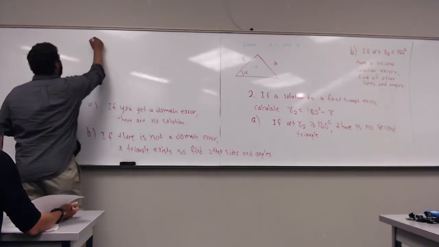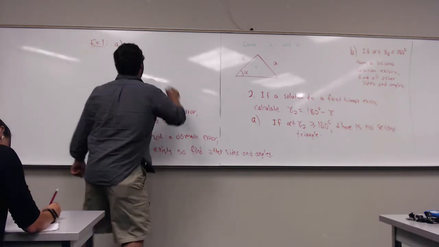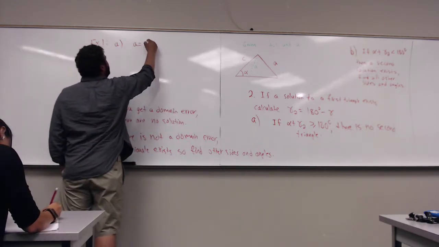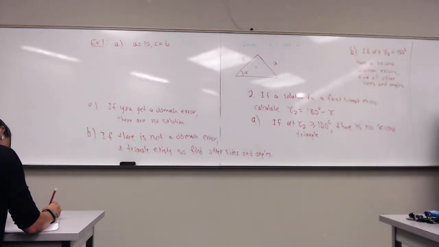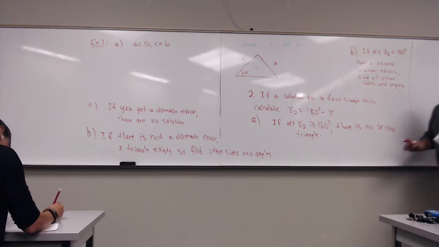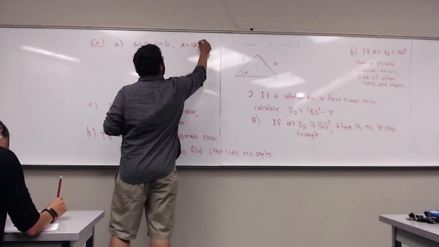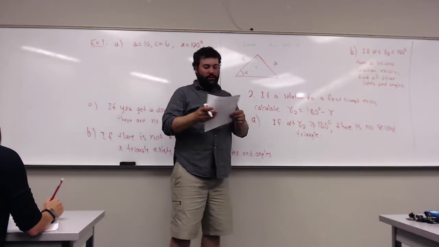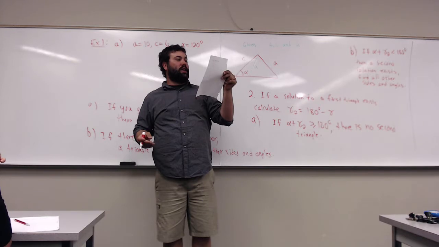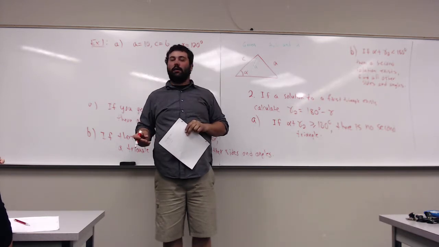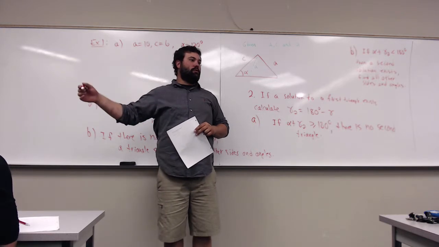So example 1, part A. A equals 10, C equals 6, and alpha is 120 degrees. Now, one thing you know for sure, if you look at table 5.3 on the first page, if the given alpha is an obtuse angle already, the only possibilities are no solution or one solution.